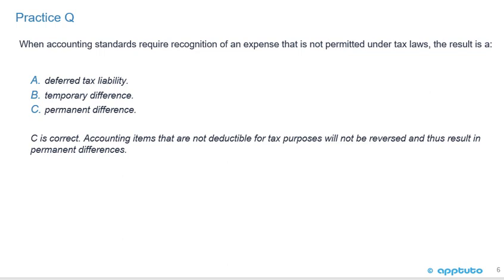C is correct. Accounting items that are not deductible for tax purposes will not be reversed and thus result in permanent differences. So when accounting standards require recognition of an expense that's not permitted under tax laws, there's going to be a permanent difference.